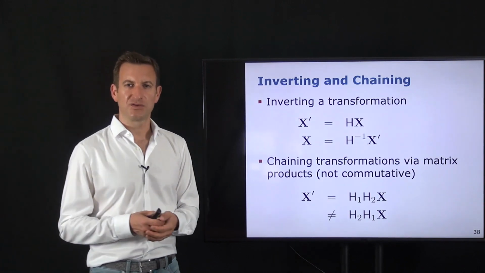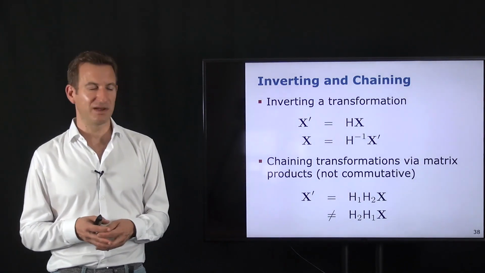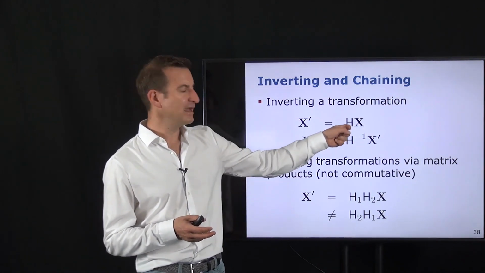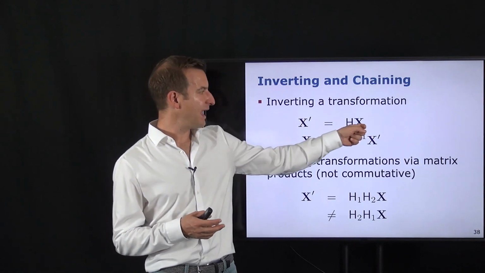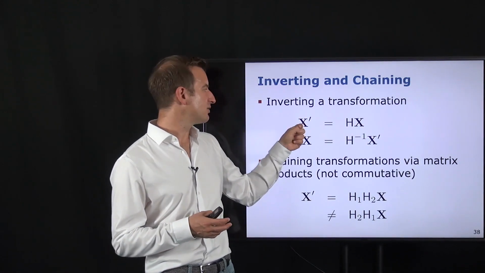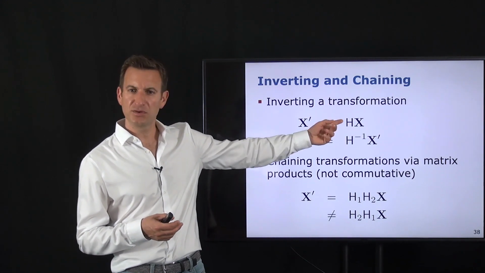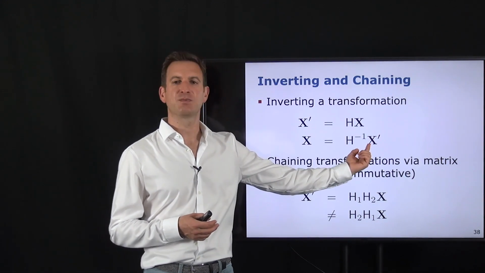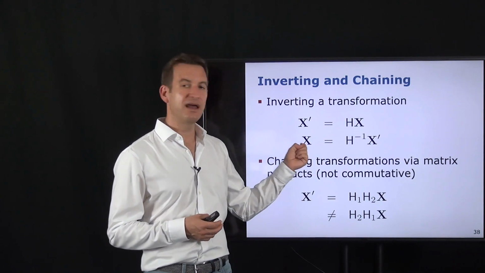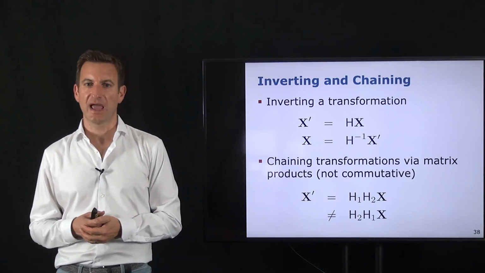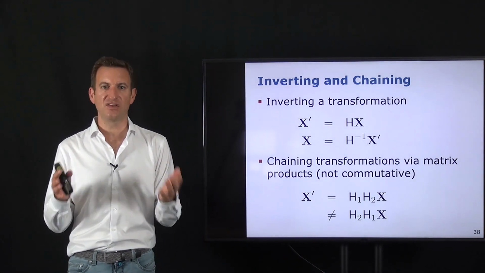But the other thing, which is also elegant, is that I can easily invert a transformation. And inverting a transformation can be obtained by just inverting my matrix H. So if I have a point X, which is transformed through H into X prime, what I can do is take this matrix H, compute its inverse, multiply it with X prime from the left-hand side, and then we will actually obtain the original point X. So I can use these transformations as matrices as I'm used to.